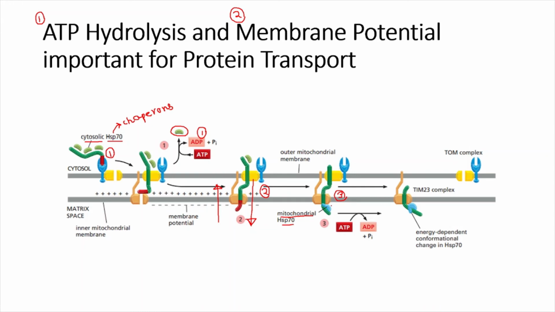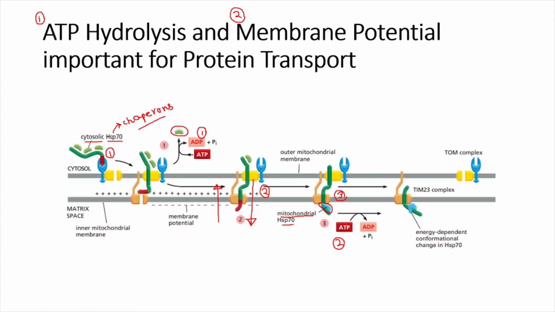So this is the mitochondrial HSP70 which attaches to it, and we know that attachment or removal of chaperones requires ATP hydrolysis. In the previous case, chaperone removal required ATP hydrolysis. So here also attachment of mitochondrial HSP70, that is attachment of another chaperone molecule, requires ATP hydrolysis. So this is the second step where ATP is again hydrolyzed.